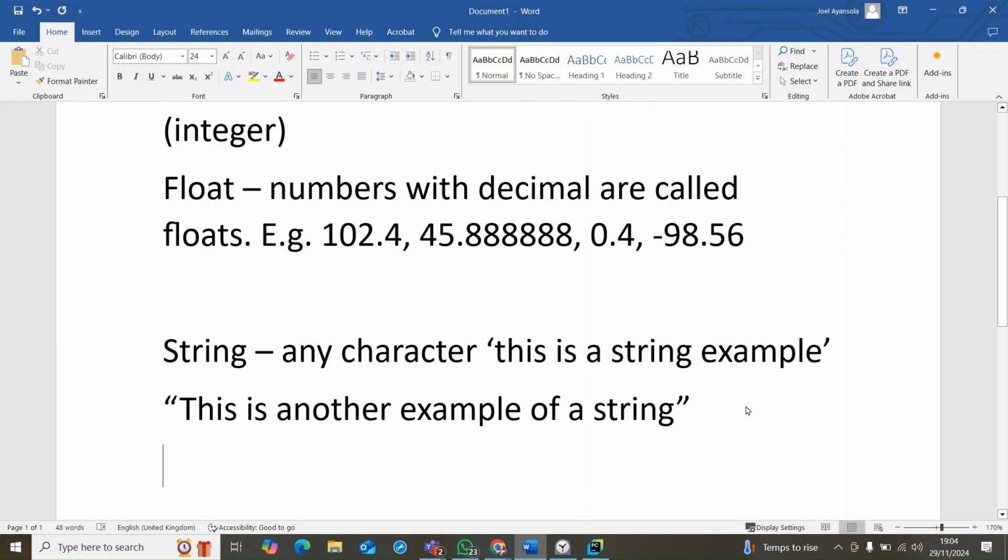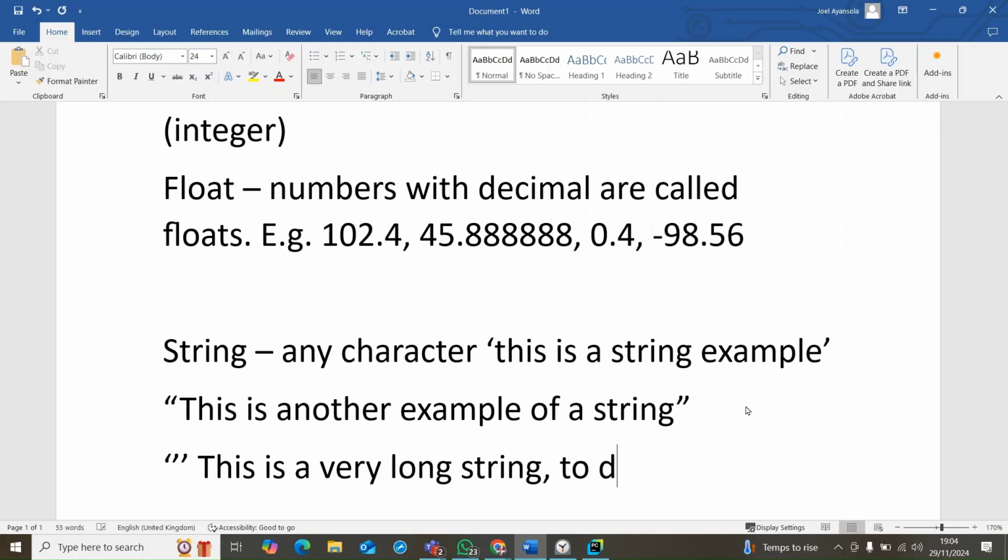And if you have a long string that you want to type in, that may be one, it may be two or more lines, you just go triple quotes, then type this is a very long string.